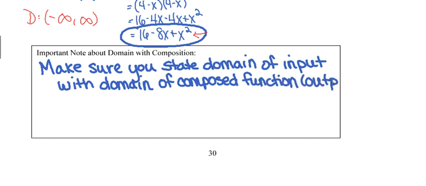So you really have to take into consideration both of those pieces when you're doing the domain of the composition. You have to think about the function that you're inputting and its domain, as well as what's coming out as a result of that composition.